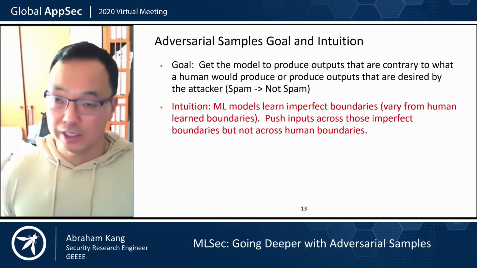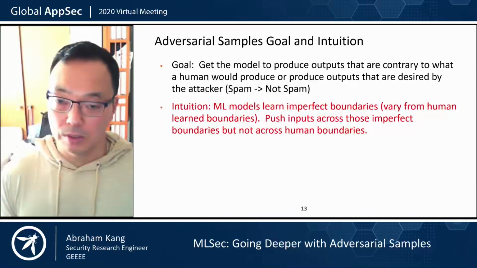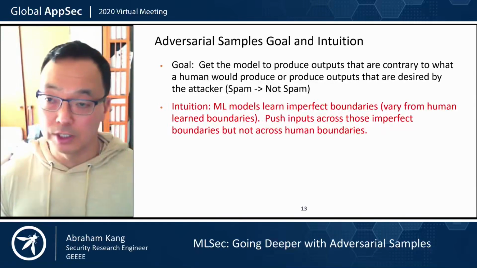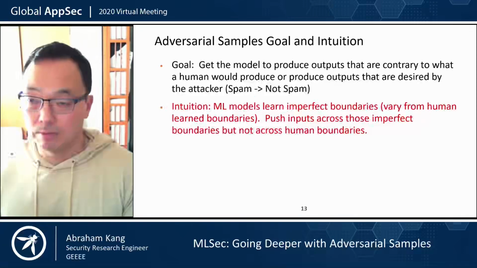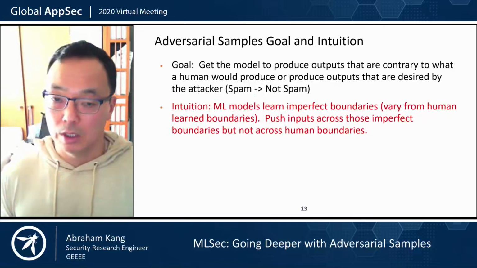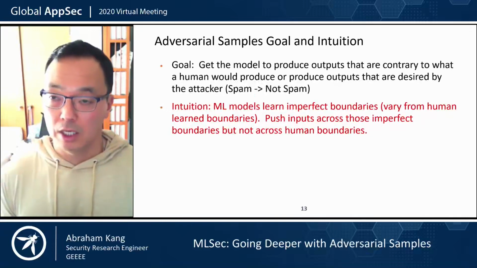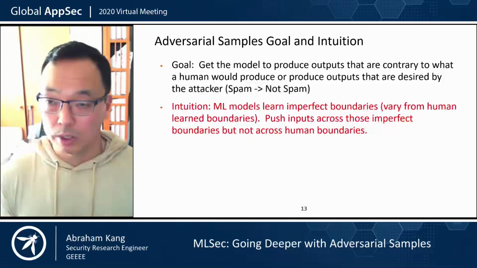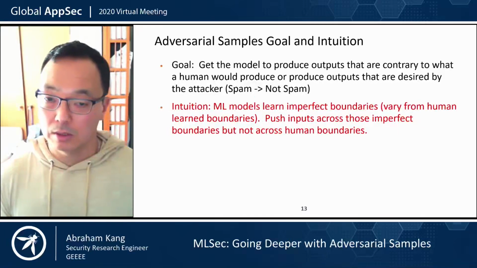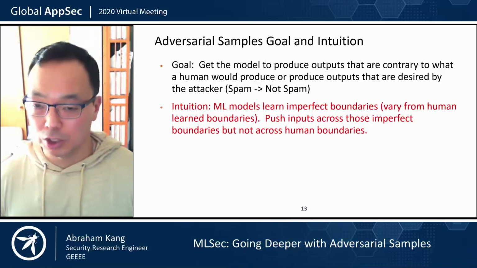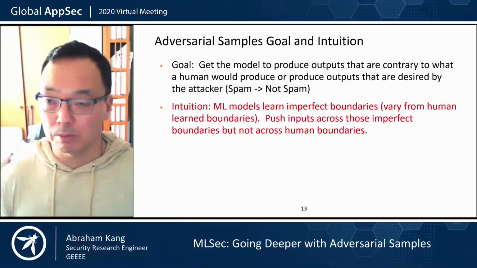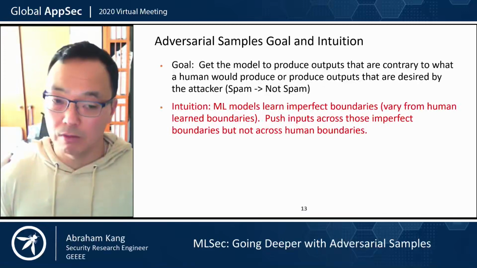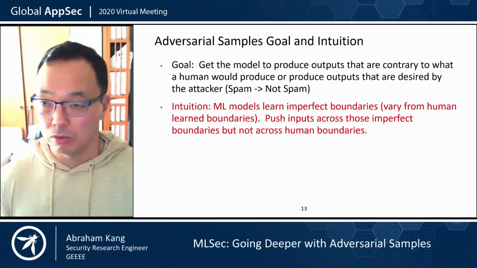Now, this idea also can be used when we look at models that predict if a certain text is spam or not spam. So we can basically try to get a model to categorize something as not spam when it was spam. And when we think about the intuition behind this, our machine learning models learn imperfect boundaries that vary from human boundaries.